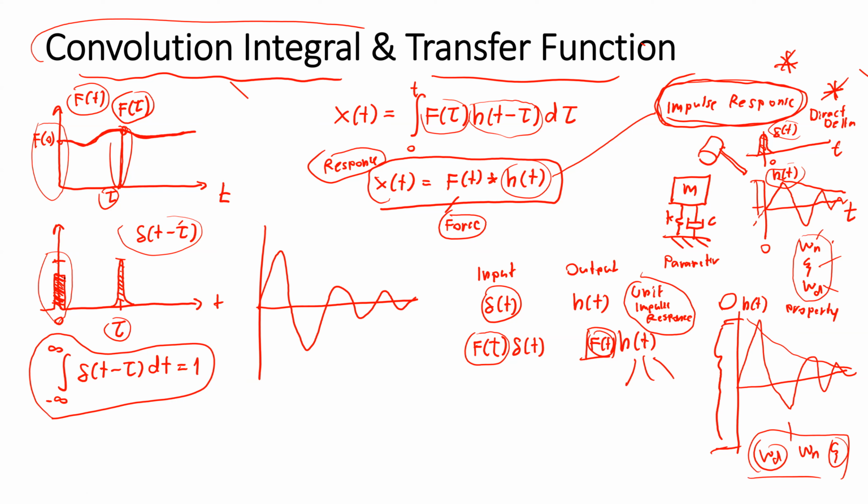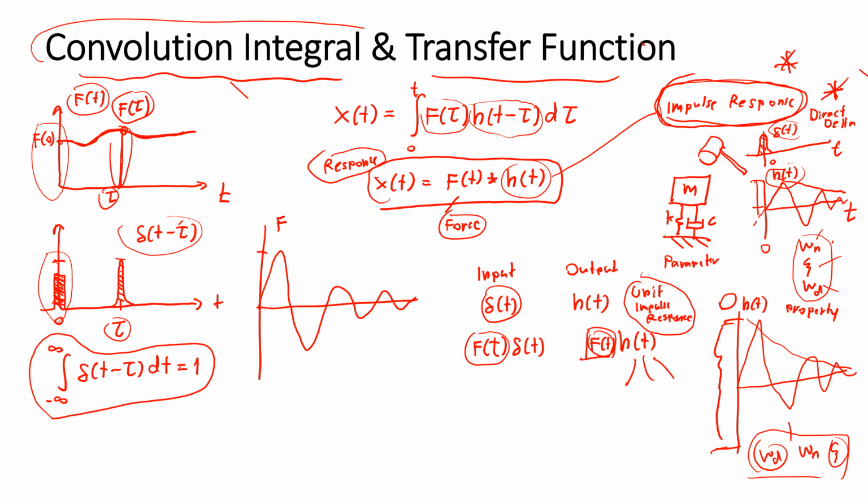But if the magnitude of the force is not equal to 1, the magnitude of the impulse needs to be multiplied by the force at that point of time.